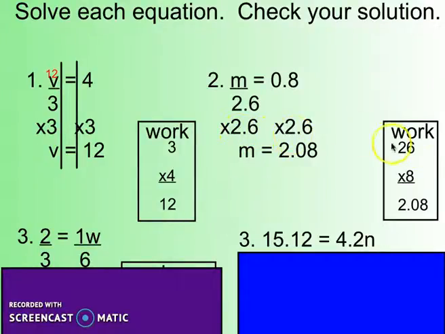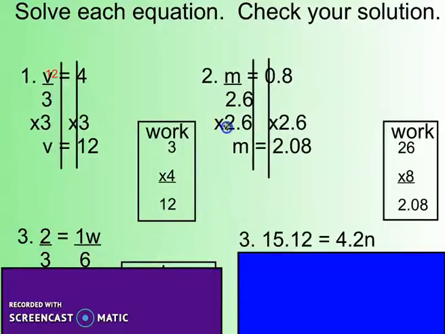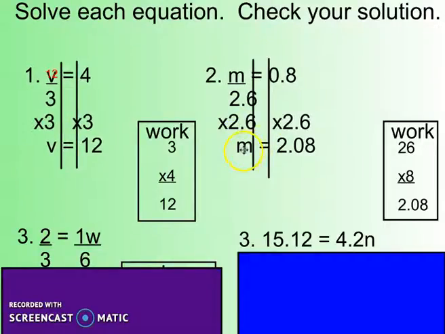And when I do that, remember when you are multiplying decimals, you don't need to worry about the actual decimal points. You can get rid of those and just multiply like a normal problem. And so if I do 26 times 8, I would get 208.